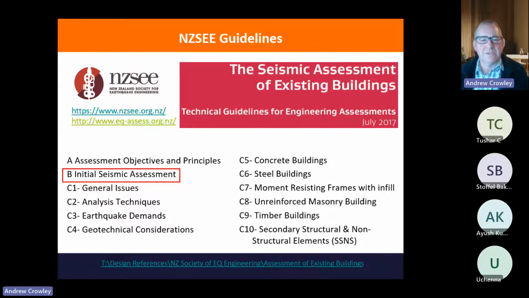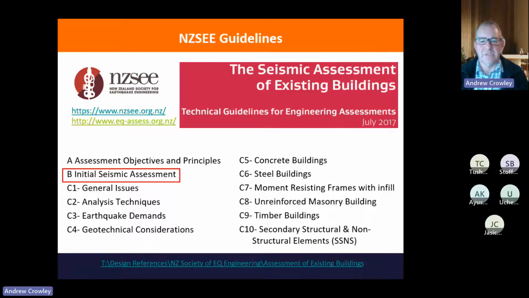Tonight, we're going to focus on part B, which is about the initial seismic assessment, on the assumption that you're already familiar with section A on the objectives and principles, which gives a nice overview and introduction to the seismic assessment of buildings in New Zealand.